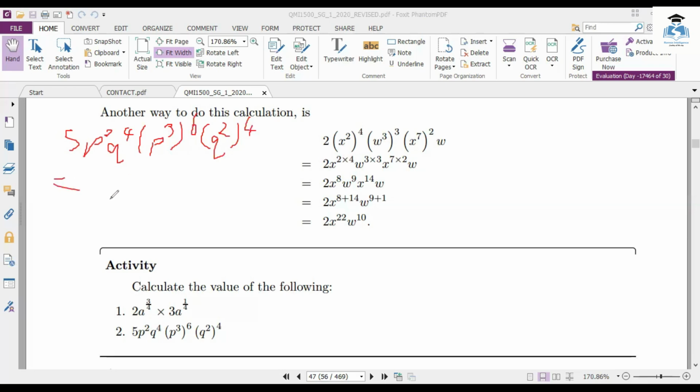We're going to start with the ones in the bracket. Then we're going to say 5p squared q to the power 4. Brackets always come back again. Are you saying multiply?